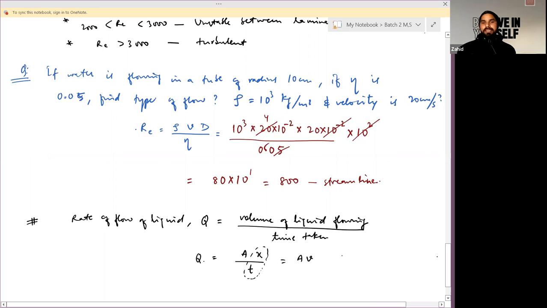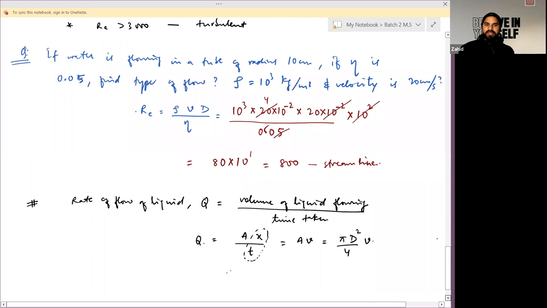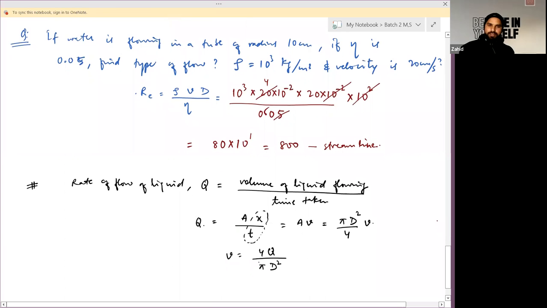Now in this case, the tube having diameter D, we can write area as pi diameter square by 4 times V. So just rearrange this equation to find velocity. So it will be 4 times Q divided by pi D squared. Now, if you put this value in the Reynolds number, you will get rho V D by eta.